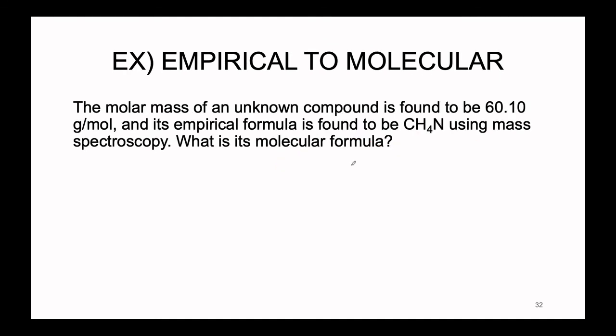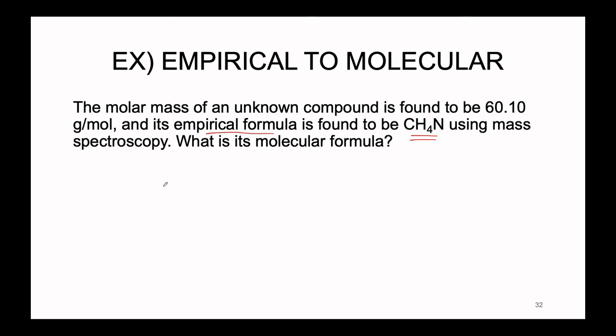For instance, if the molar mass of an unknown compound is found to be 60.10 grams per mole, either by using gas law observations or aqueous observations, which we'll be learning about later, and you've also found its empirical formula is equal to CH4N already using mass spectroscopy, what is the molecular formula?